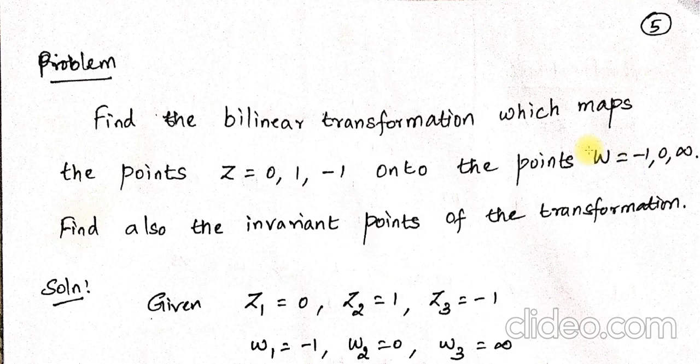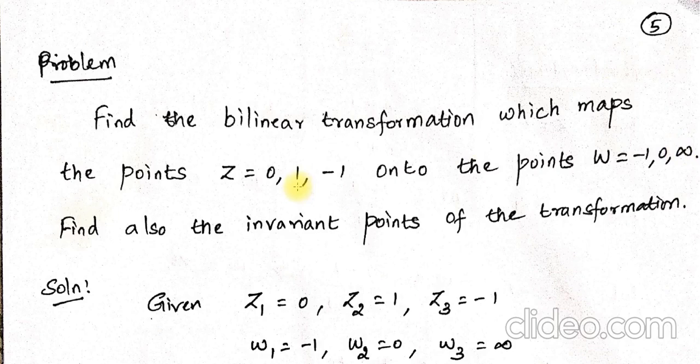There is a little bit of variation in the initial step itself. I will tell you that before going there. The problem is the same pattern, the bilinear transformation only we are going to find. Again, three inputs were given, three outputs were given. In the output, one point is infinity here. It can be in the input also, no issues.